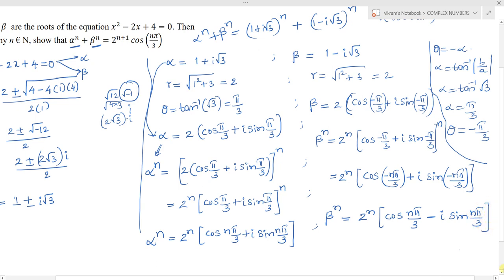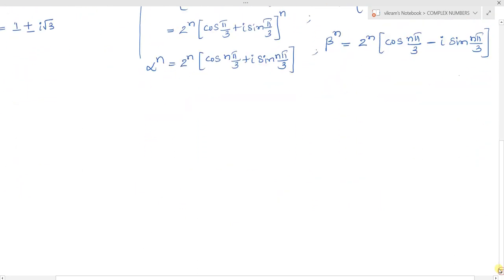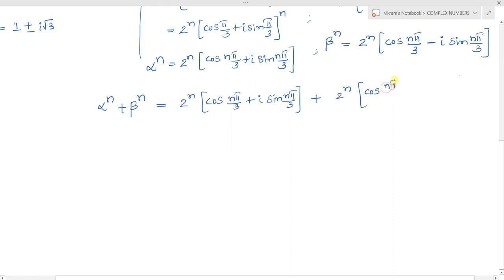Now we have obtained alpha power n and beta power n. Our requirement is finding alpha power n plus beta power n, so we simply add these two. 2 power n into cos n pi by 3 plus i sin n pi by 3 is alpha power n, plus beta power n, which is again 2 power n into cos n pi by 3 minus i sin n pi by 3.